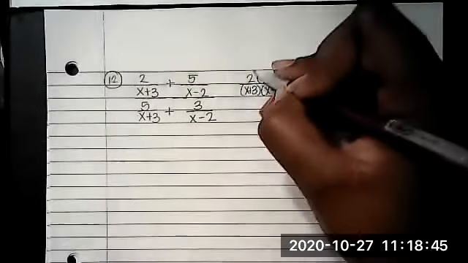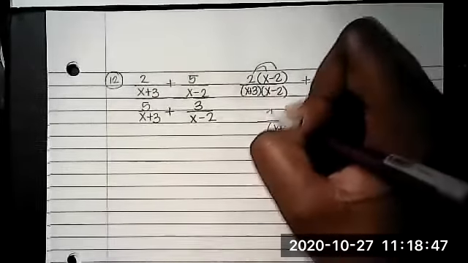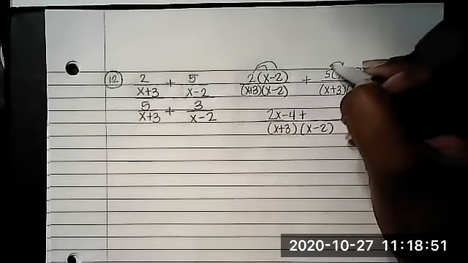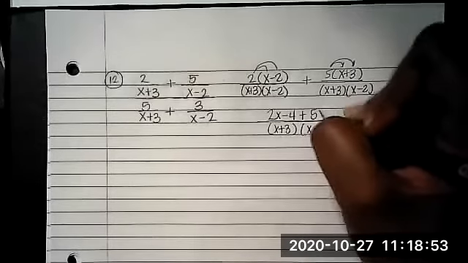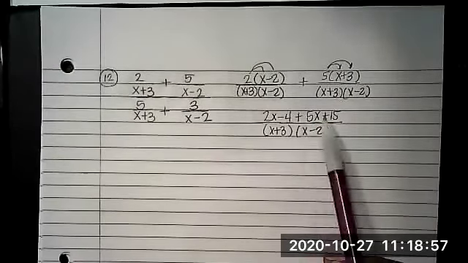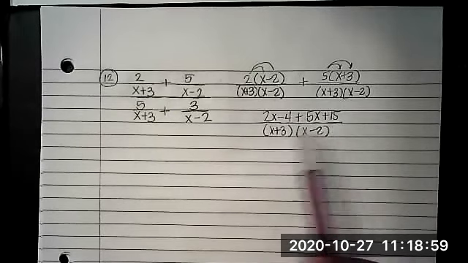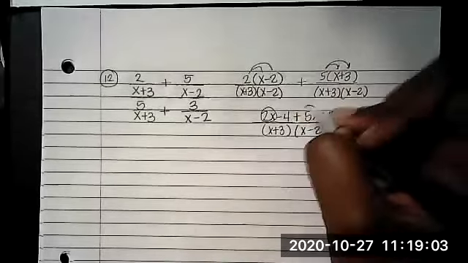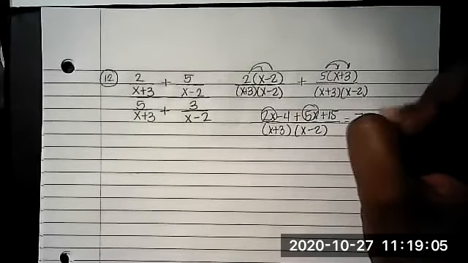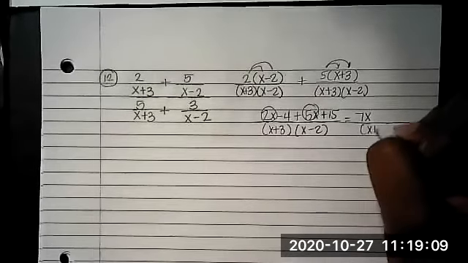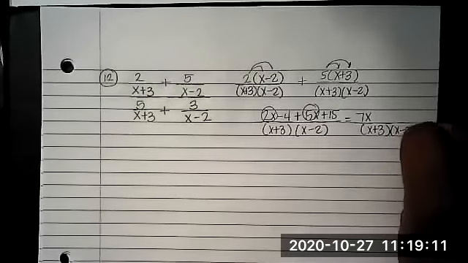But the top we can distribute. This now becomes 2x minus 4 plus, distributing here, this becomes 5x plus 15. So we put them all on the same fraction because they have the same denominator. Now we can combine like terms. 2x plus 5x becomes 7x, of course under the same denominator, x plus 3 and x minus 2.